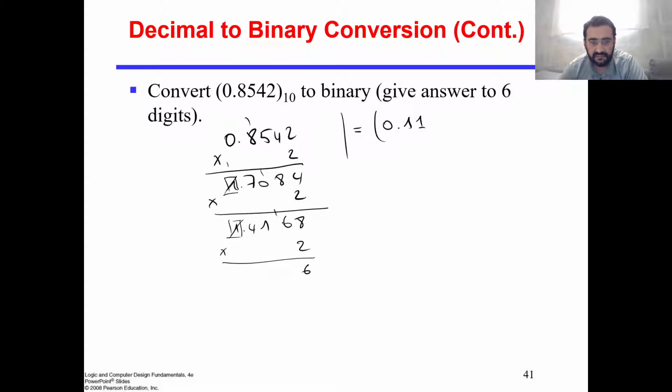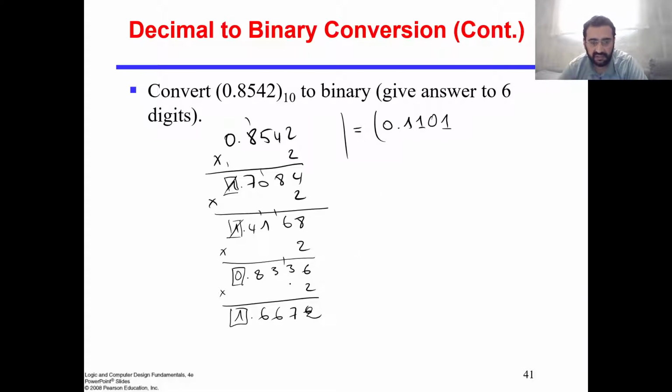Now we have 16. 6 multiplied by 2 is 12, plus 1, 13. Here we have 3, 12. Sorry, 8. So here we have to report the 0 that is here, and we continue. 12, 7, 6, 16. We report the 1 here, and the question says that we need to give the answer to 6 digits after the fraction.